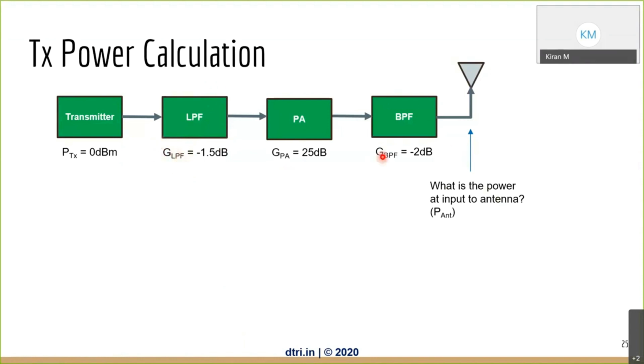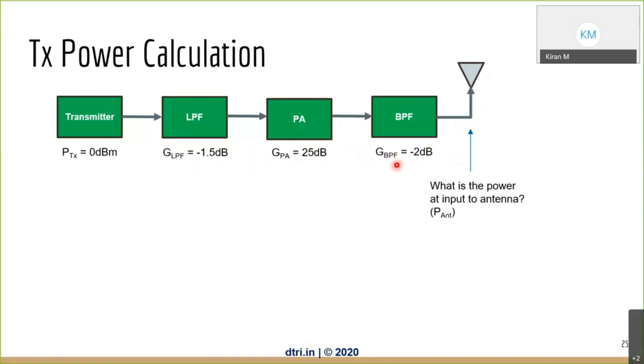So every block I'm calling it gain. So here I'm calling it minus 1.5 dB. This is not adding any gain. This is removing, this is actually causing attenuation. Then we have a power amplifier which has a gain of 25 dB. Then there is a band pass filter, another filter. Again, this is not providing gain, but I am writing it as gain, so it is minus 2 dB.